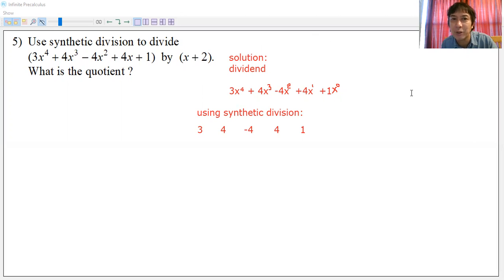But the way I do it so that solvers will not forget, you equate the given divisor to 0 and solve for x. And x is, just like what I said, negative 2. And so your trial divisor is negative 2, which you can write with a partition here like that.